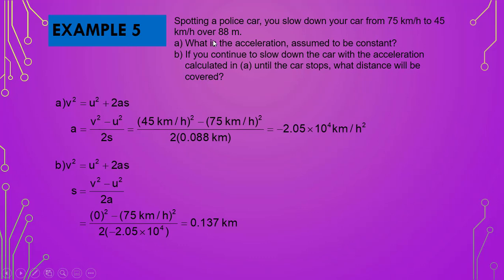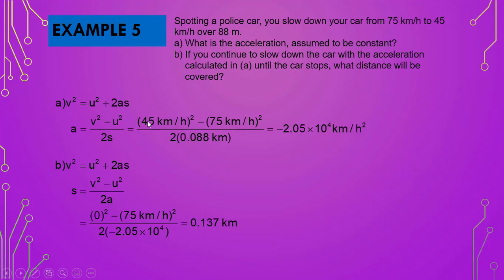From A, we want to know about the acceleration. So the best equation here is v squared equal to u squared plus 2as. Substituting the values in the equation, we can calculate a to be minus 2.05 times 10 to the power of 4 km per hour squared.